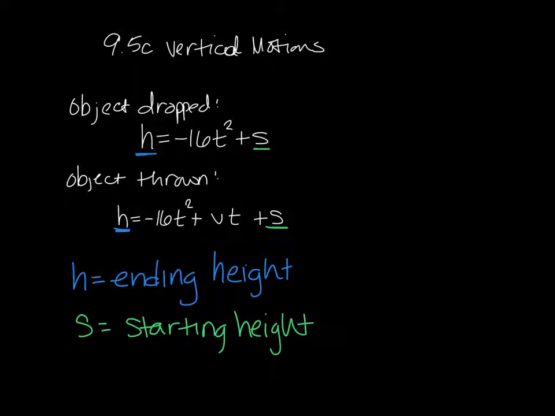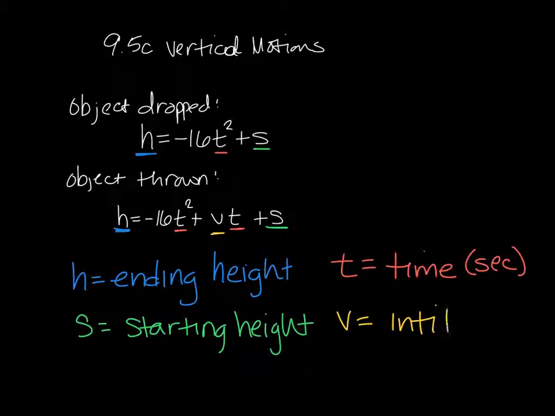T is the one you're usually solving for. T is basically the x in our usual problems. T is the time in seconds. Then you have one more, and that's the V. V is the initial velocity.